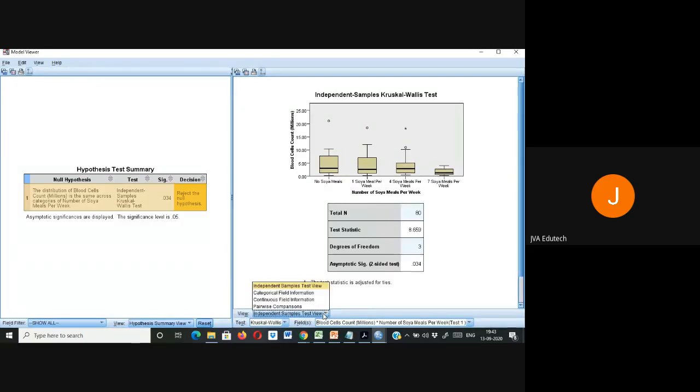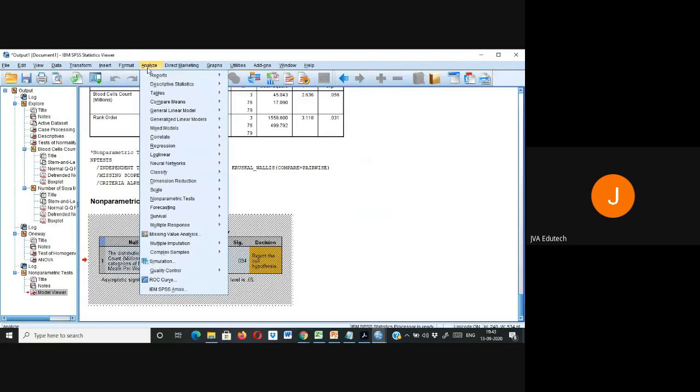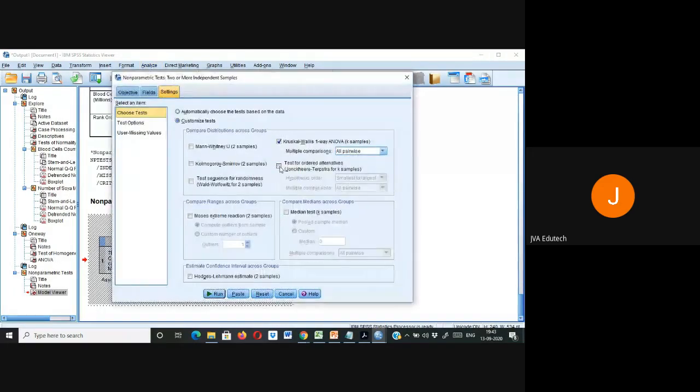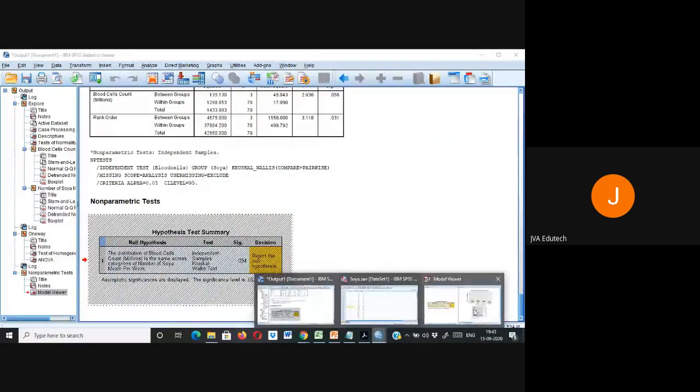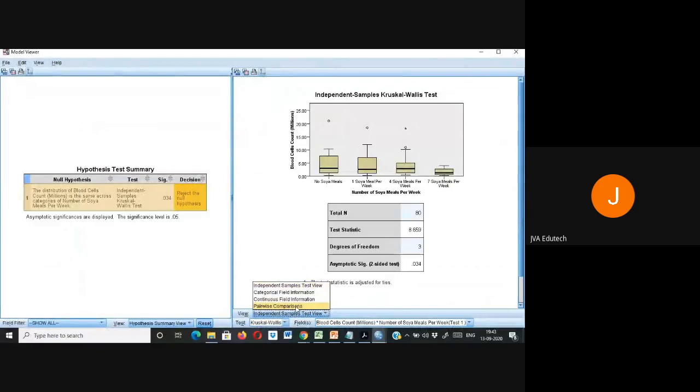If you select this one, it will tell you the pair-wise comparison, but since we have not performed the test, first we have to select that test. So again, go to analyze, non-parametric test, independent samples. Sorry, here we have taken it already; the Jonckheere-Terpstra test we haven't taken. So now go to the viewer box and select the pair-wise comparisons.